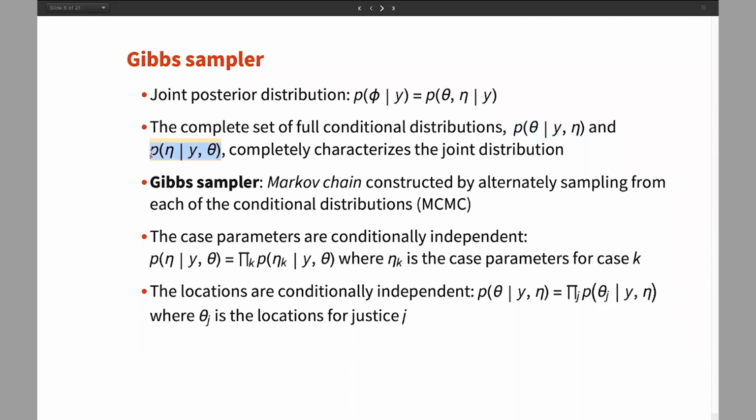What that means, in terms of estimating the model, is we can alternate back and forth between these two. We can say, well, if I knew the case parameters, then I could sample the locations. And if I knew the locations, then I could sample the case parameters.